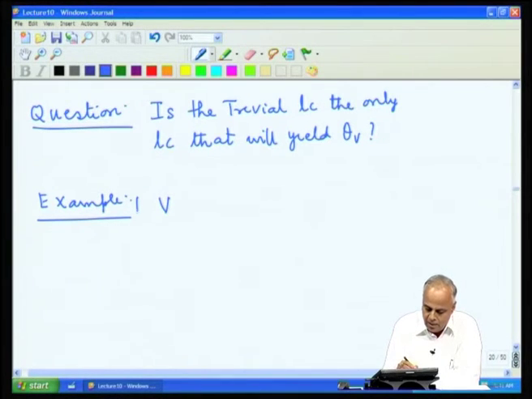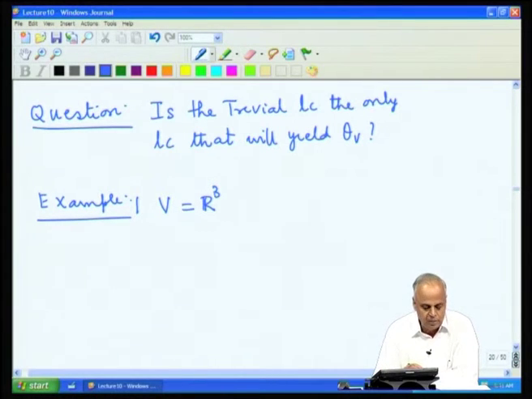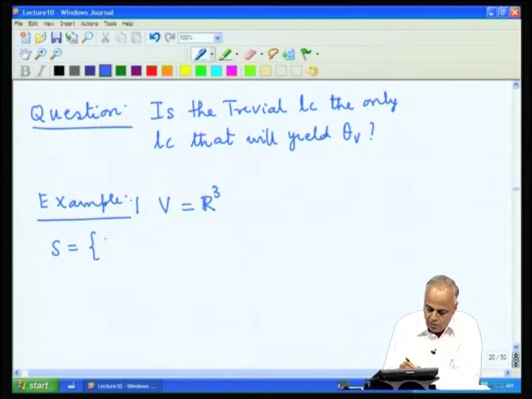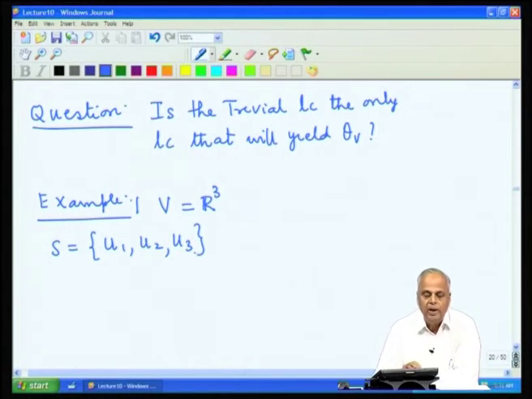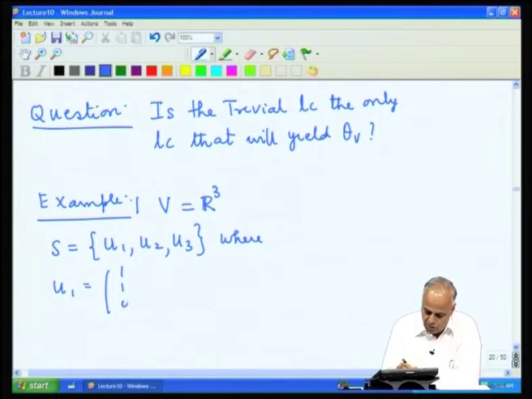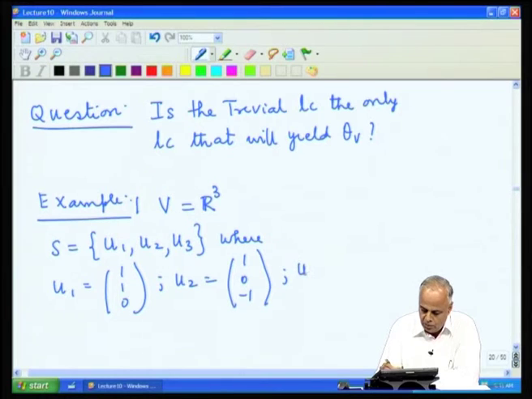Let us take V equal to R 3, the vector space R 3 over F. Let us take S to be u1, u2, u3, a finite set of 3 vectors where u1 is (1, 1, 0), u2 is (1, 0, minus 1), u3 is (0, 1, minus 1).